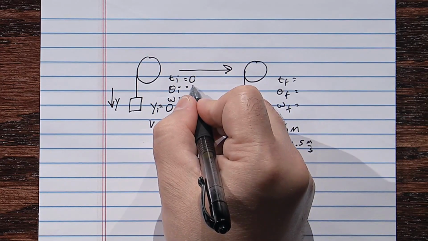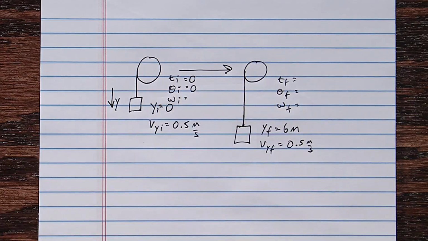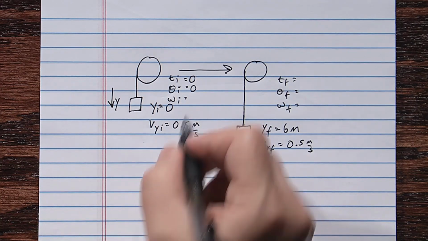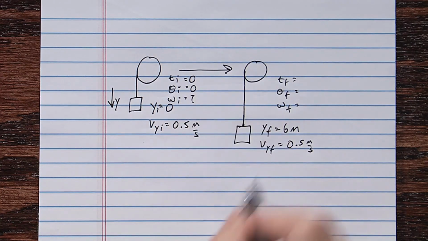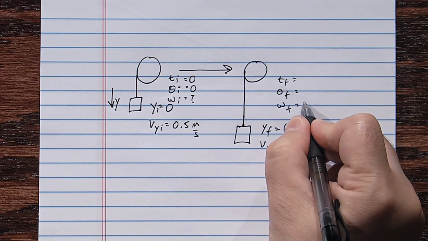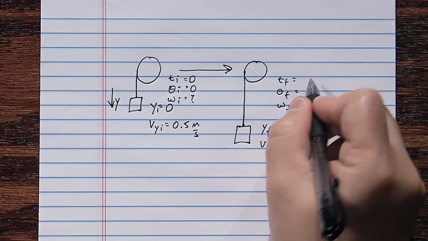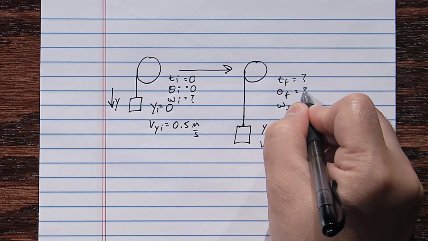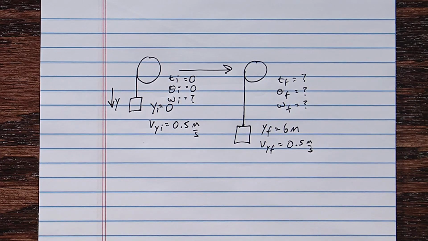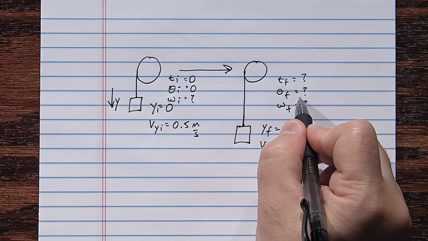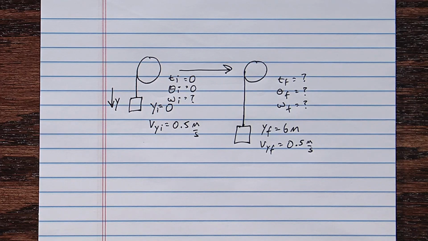Theta initial we can also call 0. We can start the rotation anywhere we want. And omega initial we don't know. That's one thing we're being asked for. Omega final we don't know. t final we don't know. And theta final we don't know. Theta final is one of the other things that we're being asked for.